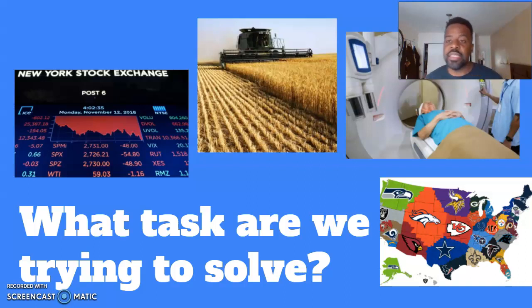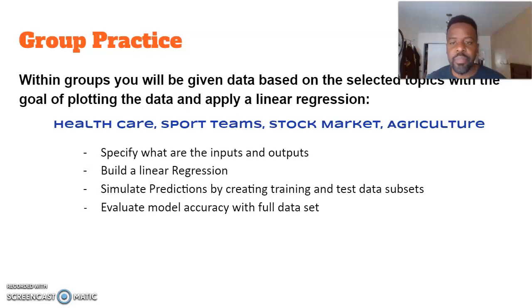Now the process that you all are going to do right now is, what tasks are we trying to solve? We're going to be working with the stock market, agricultural yields, medical infrastructure, and the sports team, the NFL. Based upon that, you'll be in a group with a few other classmates.